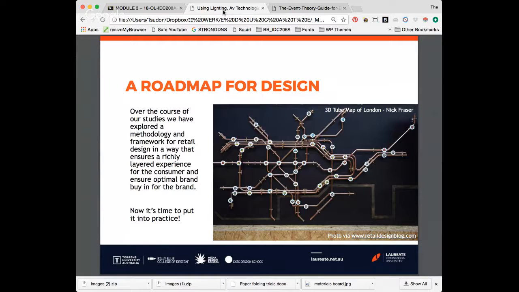Together, that has now provided you with a really practical, systematic roadmap in terms of how you can plan out these spaces without struggling with things like creative block or struggling with where you might place particular products or systems and how you might orchestrate that journey.